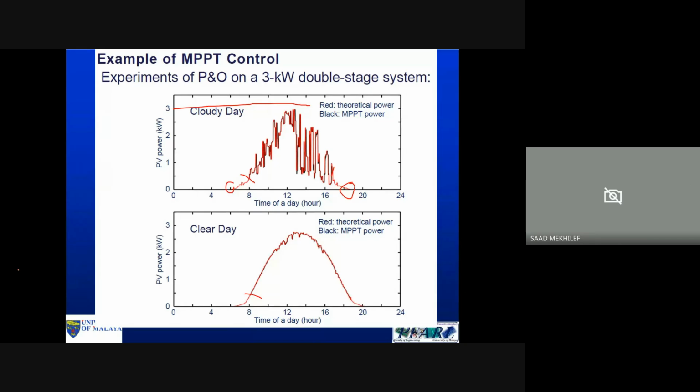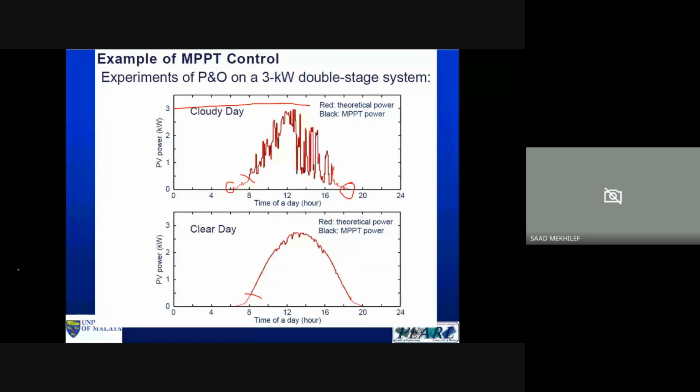When you have an inverter, the inverter has what you call an operating window voltage. For example, it operates between 150 volts and 600 volts.